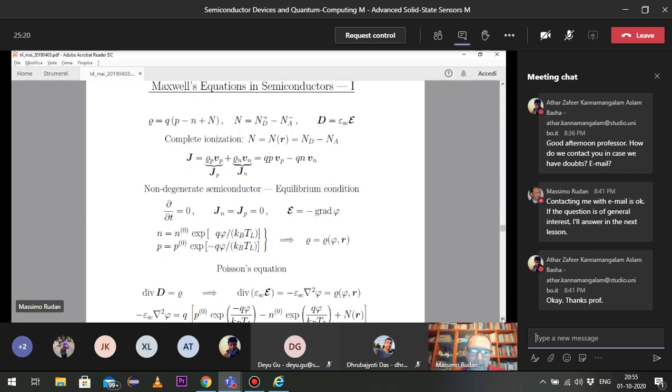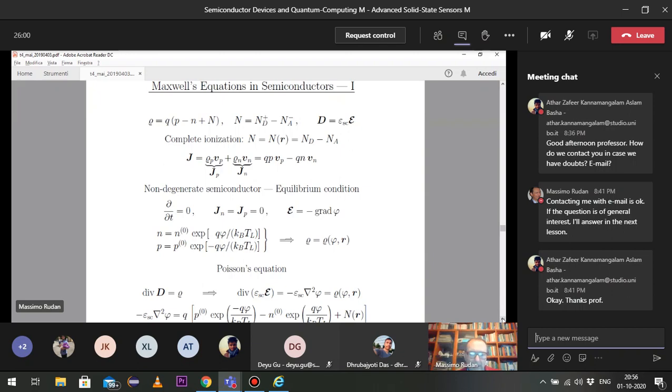Okay. When you consider the concentrations, you already imply that you have performed an average over some small volume of the semiconductor. And the same when you use the current density, you are not using anymore the individual velocity of each particle. You are using the average velocity of the electrons and holes. When you perform these averages, you consider volumes in which there are many particles inside.